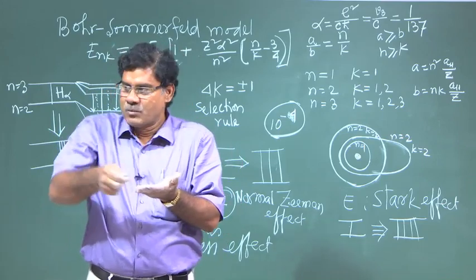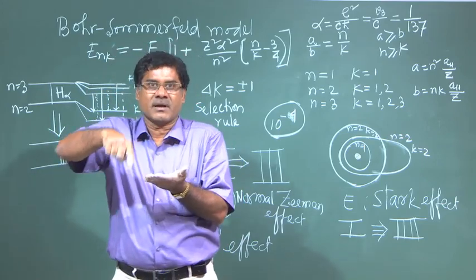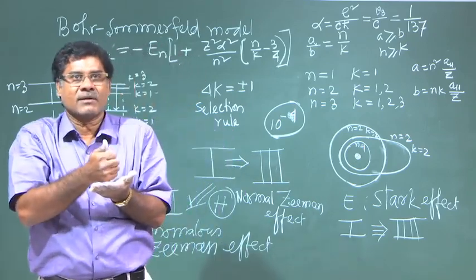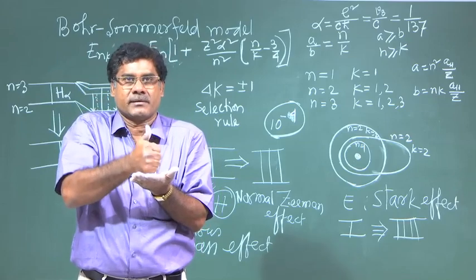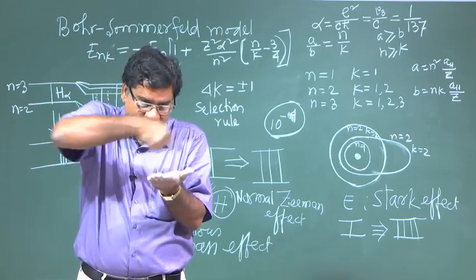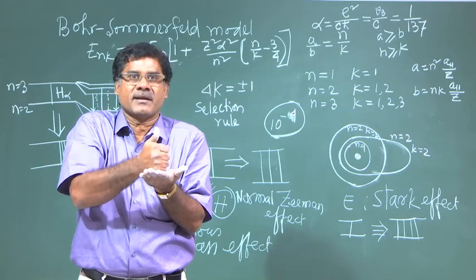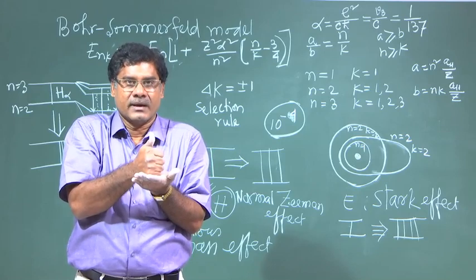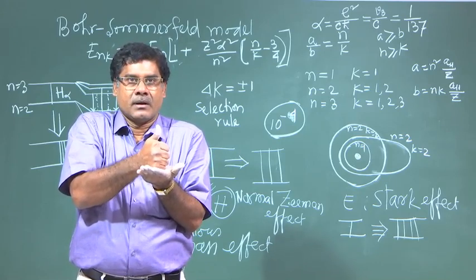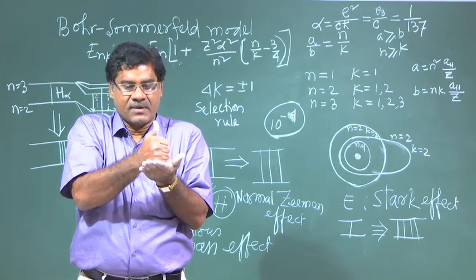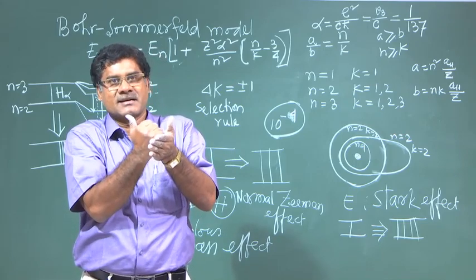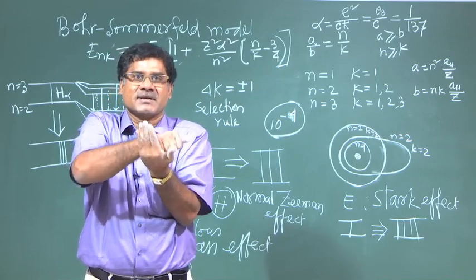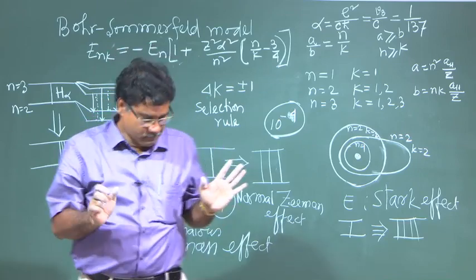The electron has angular momentum, and the direction of the angular momentum is perpendicular to the plane. If it is in a different plane, the direction of the angular momentum will change. It can be in any direction in space, okay.